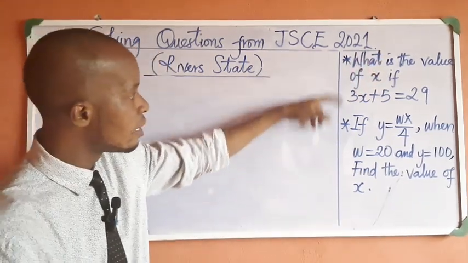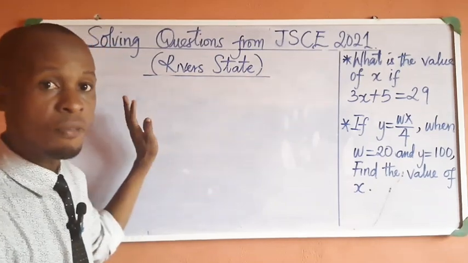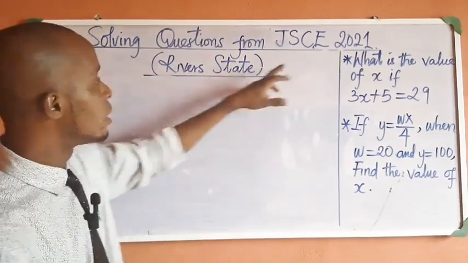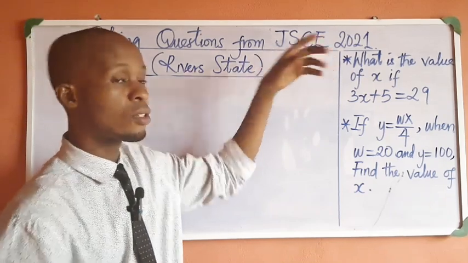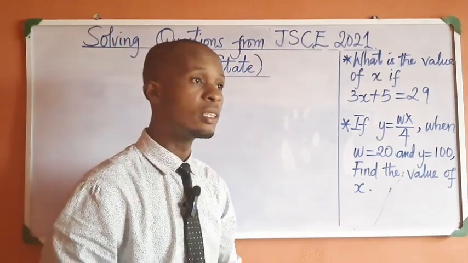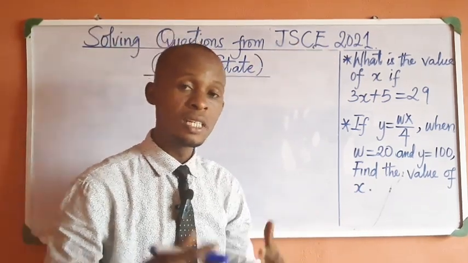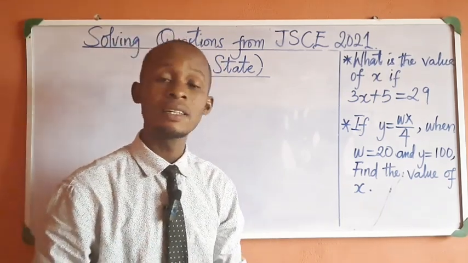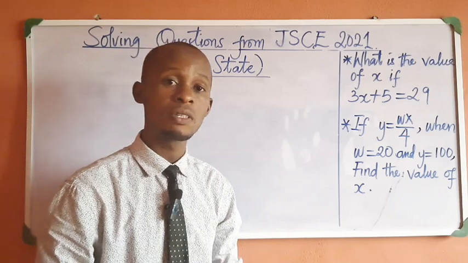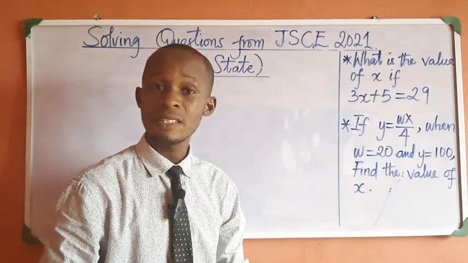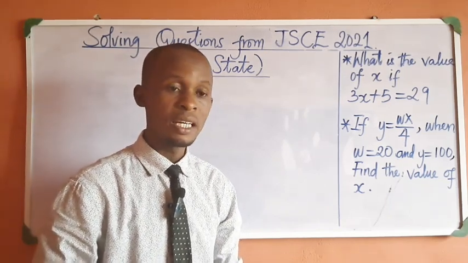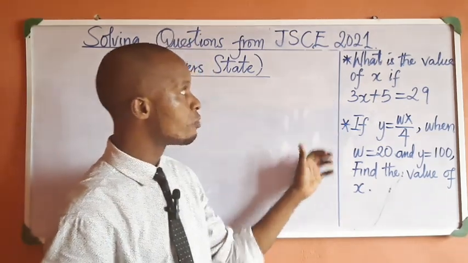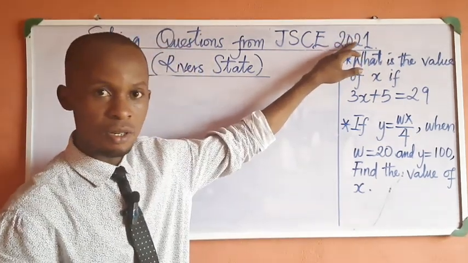I extracted them from the Junior School Certificate Examination, which of course is called the Basic Education Certificate Examination, that is BECE. This is an examination that all the junior secondary school 3 students in Rivers State write to get admitted into the senior secondary school. So this question is lifted from the 2021 examination.